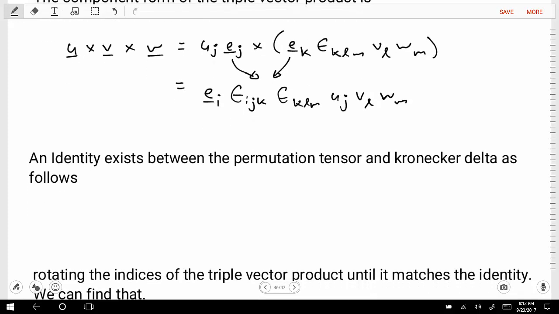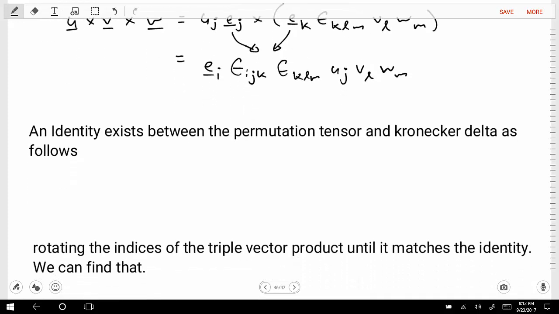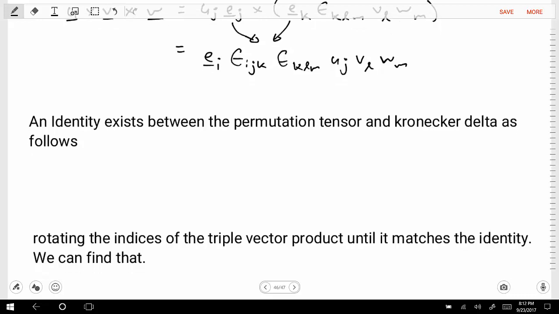Now, a great thing that exists is an identity between our permutation tensors and the Kronecker delta, which can simplify this process of performing multiple cross products.